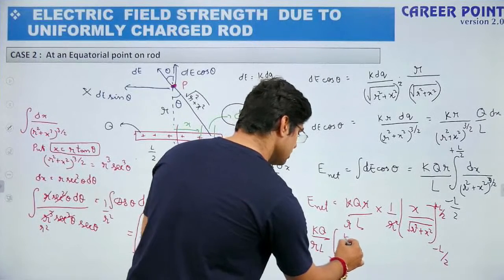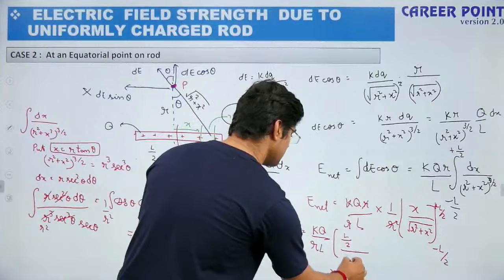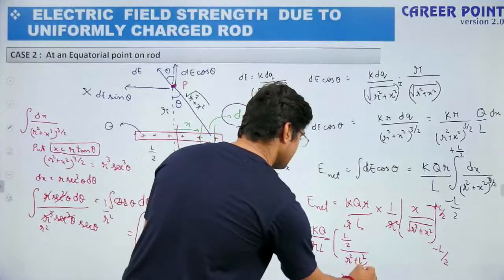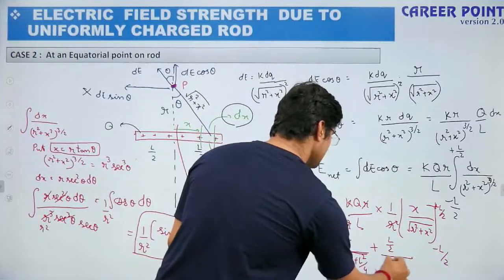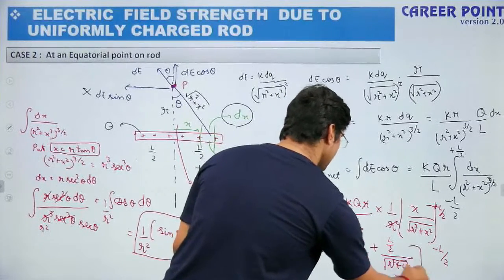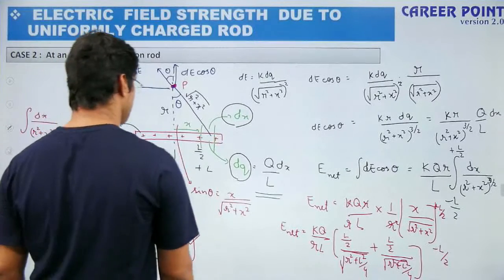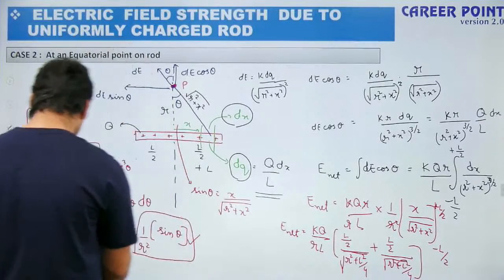So from here E net is equal to kq by rL, into L by 2 divided by under root of r square plus L square by 4, minus minus L by 2 divided by under root of r square plus L square by 4. That's it. So in this expression which we are getting here, the answer will be coming how much?